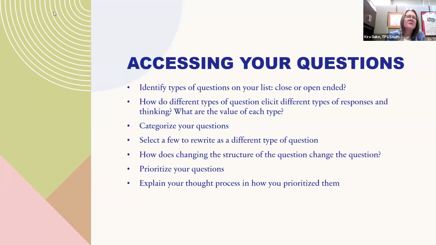Open-ended questions are the ones that elicit more critical thinking responses. They are more of our how and why questions, where students have to think about it and connect prior background knowledge to what they're looking at to formulate an answer.